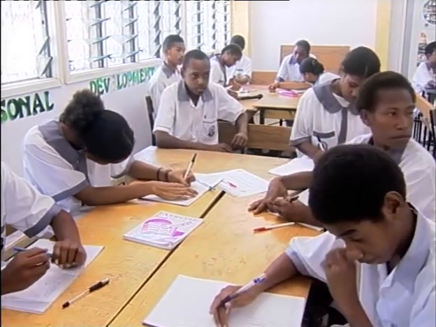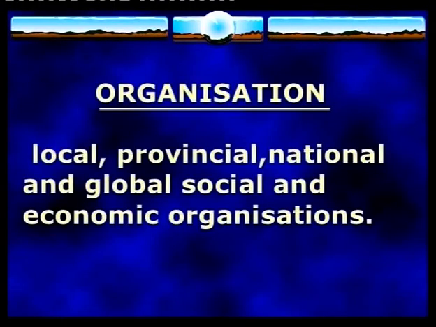All right, you finished copying this one down? Okay, good. All right, let's look at organization. In this strand, it's to do with local, provincial, national, and global social and economic organizations.